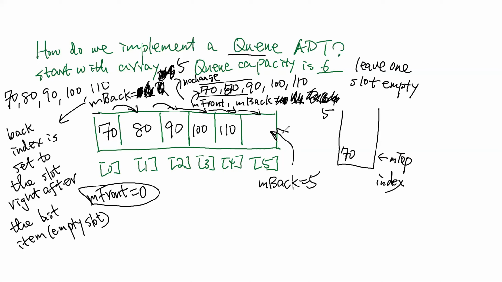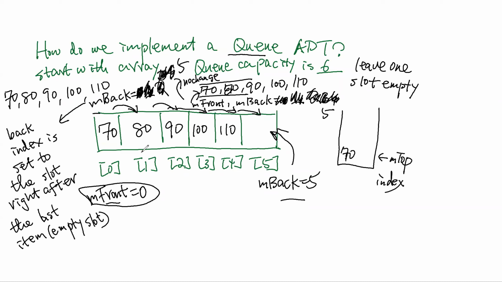Because it's a queue, you have both ends open: you add at back and remove at front. So you need to keep track of both ends, where front is and where back is. That's why we need two indexes, both M front and M back. So this is regarding the index.